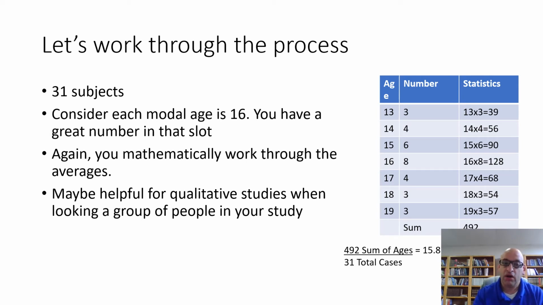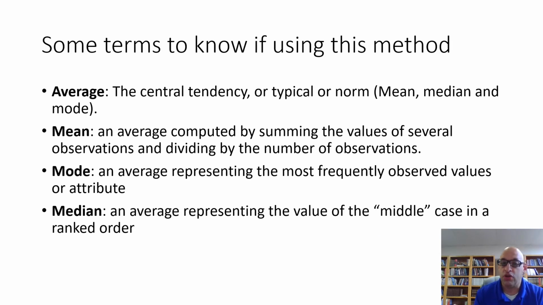Again, here are some helpful terms that you should know when you're going through the quantitative analysis approach: average, mean, mode, and median. Average is a central tendency, or the typical norm that exists within a population. Mean is the average computed by summing the values, which I just did.